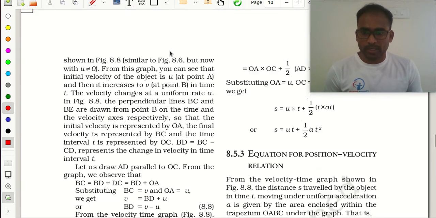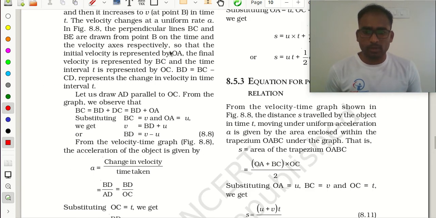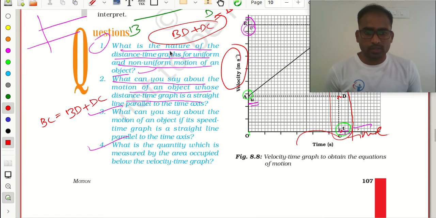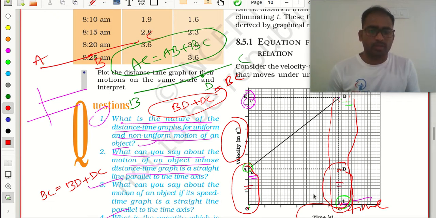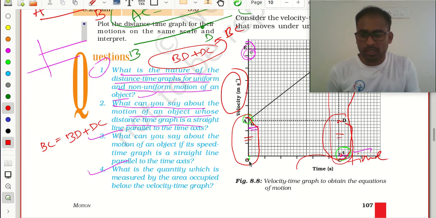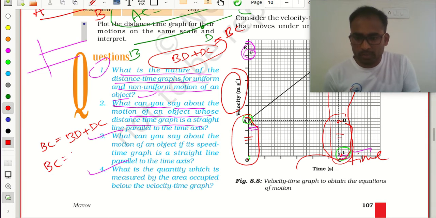Now, I can write this BC is equal to BD plus DC. This DC can be written as OA, OA is equal to DC. This length is the same. So that is why I will write BC is equal to BD plus DC, and instead of DC I will write OA.